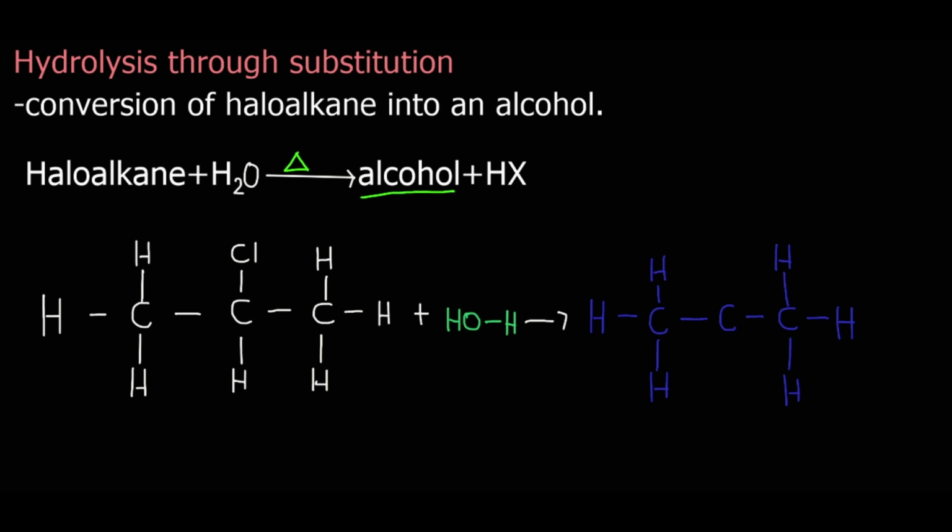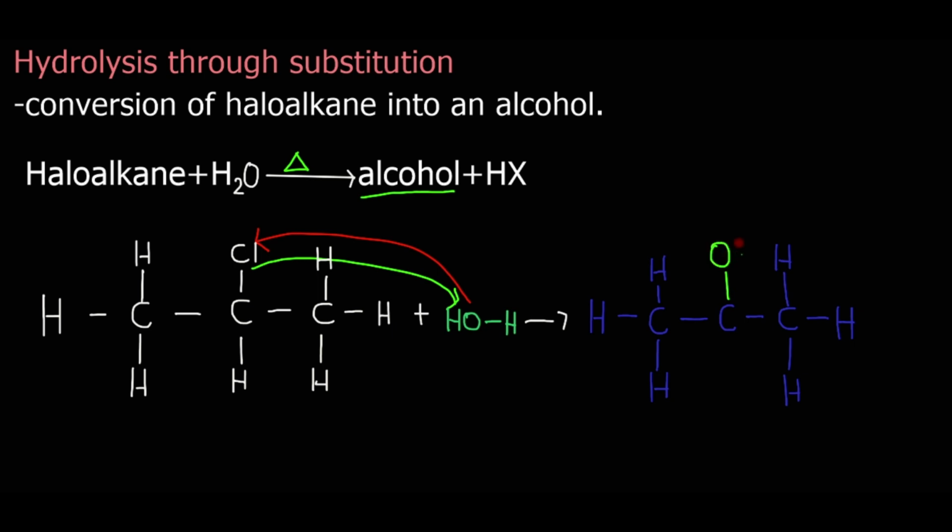And then from here we will take this OH and put it onto this halogen, and then take this halogen and put it where the OH is. So this means we will have something like this one.